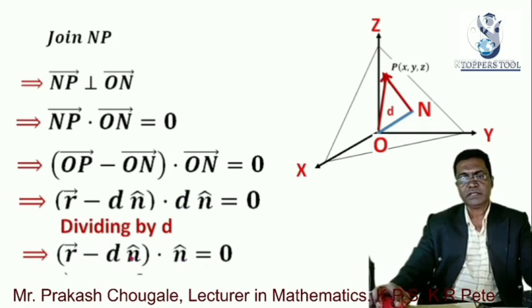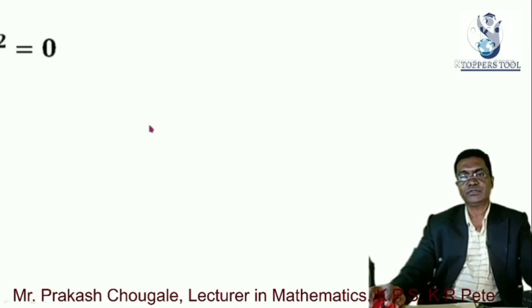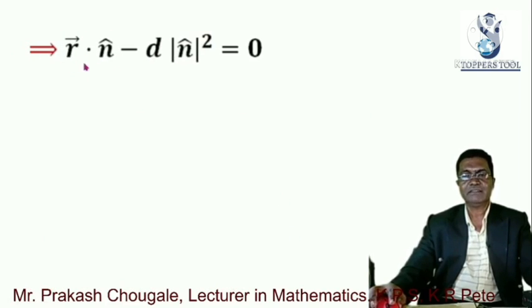Take this inside, distribute, and you will get vector r dot n cap minus d n cap dot n cap. And as we know, the dot product of two similar vectors is its magnitude square. So here is the thing, vector r dot n cap minus d magnitude of n cap square.